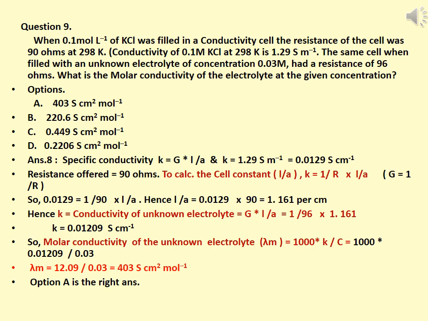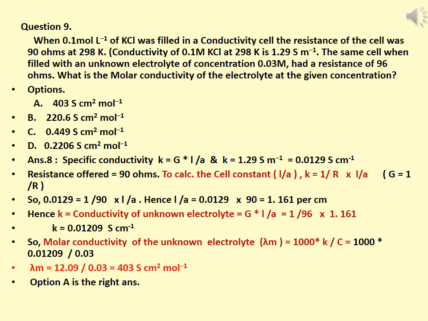So you get conductivity kappa is equal to 0.0129 Siemens per centimeter. Now, why do we have to convert it into centimeter? Because cell constant is always given in centimeter units.